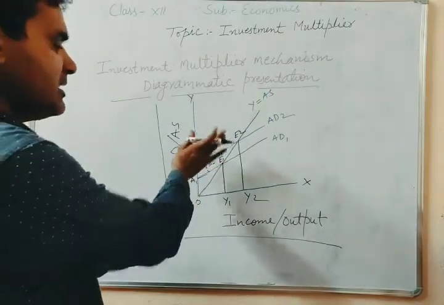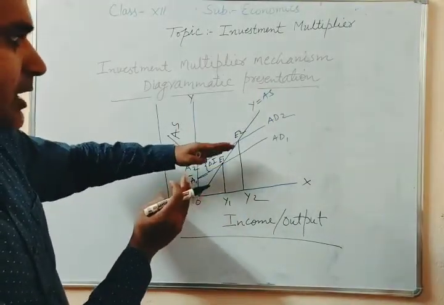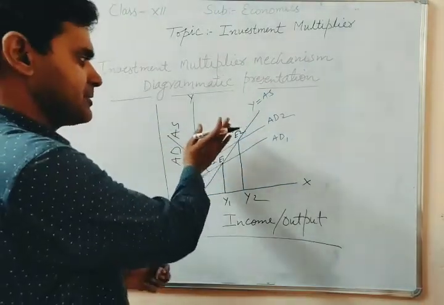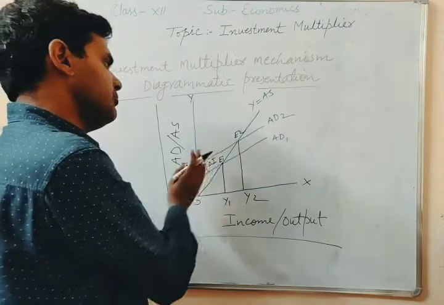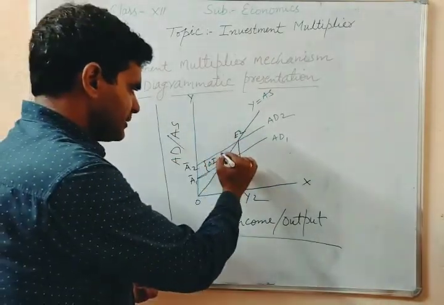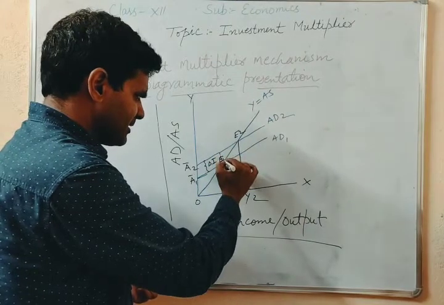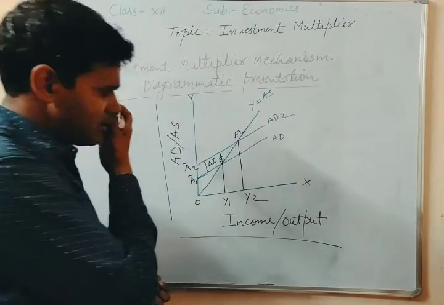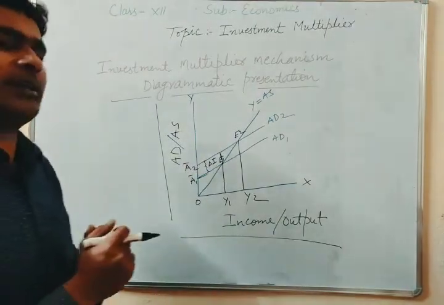So investment increases, and it will lead to an upward shift of the aggregate demand curve, from AD1 to AD2, parallel to AD1. Now what will happen? This gap is more than the required level of aggregate demand.